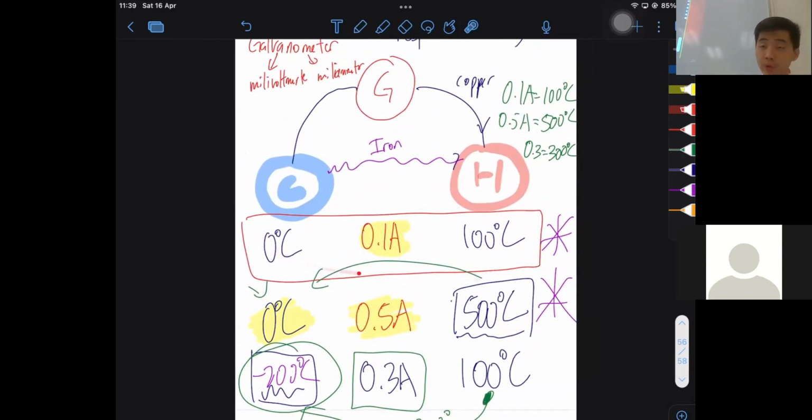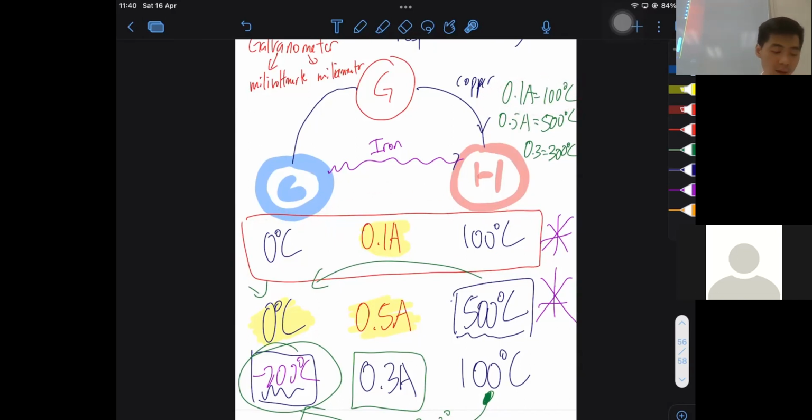This calibration process here is to tell me that every 0.1 amperes difference gives me a reading of difference of 100 degrees Celsius from the cold to the hot junction. It doesn't matter where I start or where I end. I know that from the hot to cold junction, every 0.1 amperes is going to be 100 degrees Celsius.